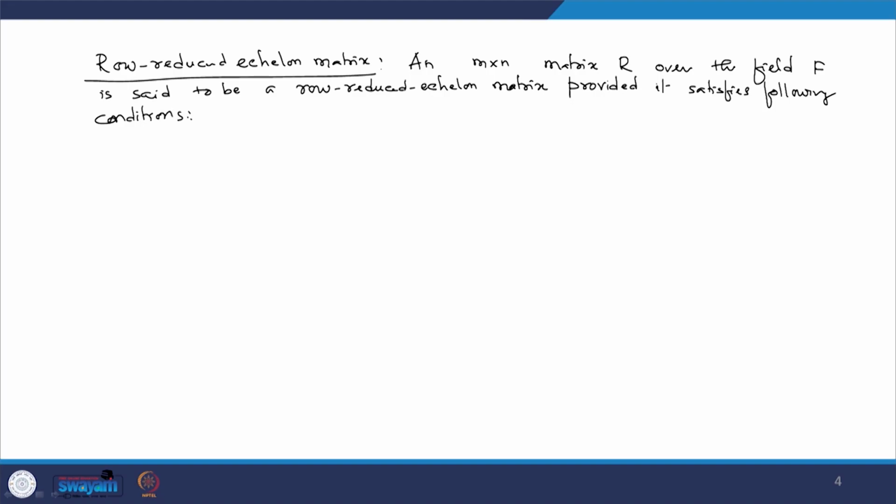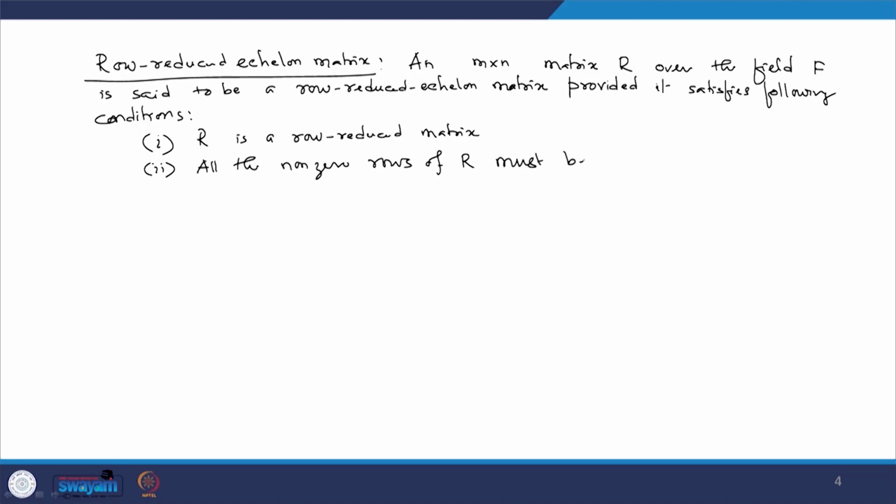What are the conditions? The first condition: R is a row reduced matrix, which means it has to satisfy the two criteria of a row reduced matrix. Second, all the non-zero rows of R must be above the 0 rows.